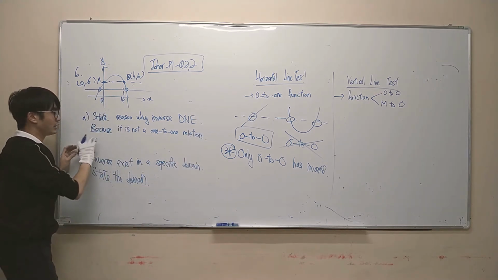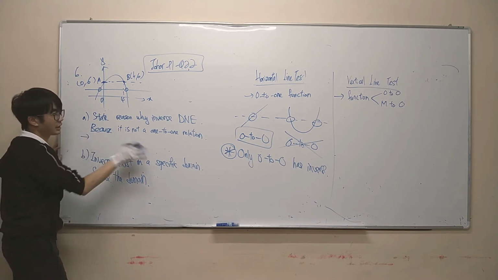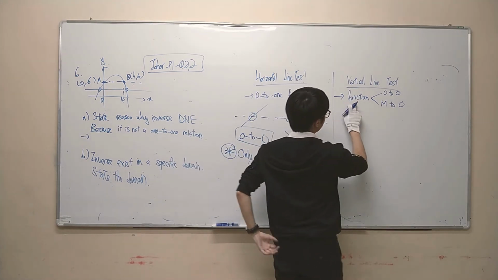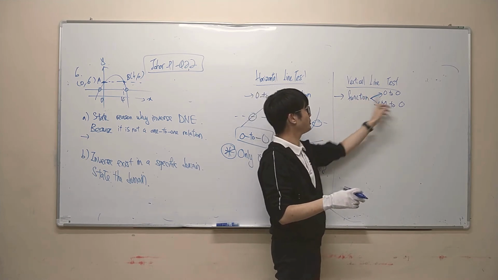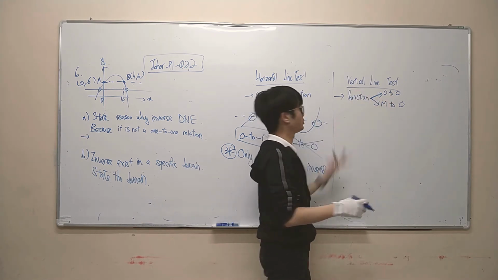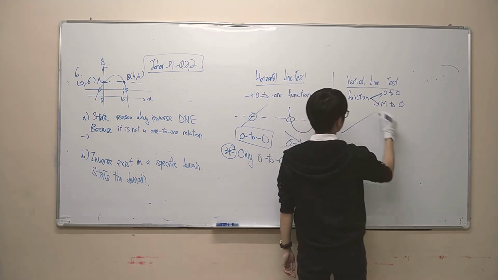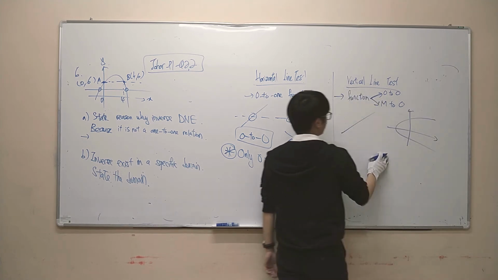But what if you want to add more to the reason? You can add actually. I'll teach you about the vertical line test here. Remember, a function can only be one-to-one or many-to-one, so you use the vertical line test to test whether it's a function or not. I'll use the same curve.